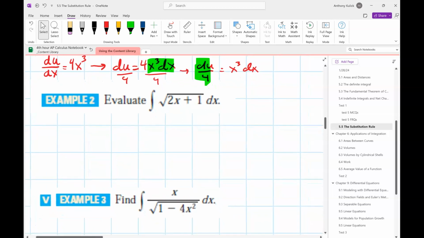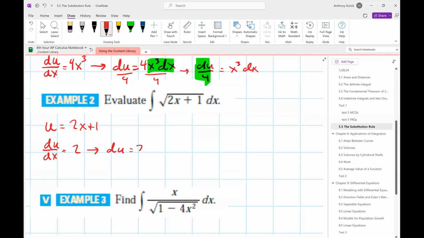Okay. So what if we want to do the integral of the square root of 2x plus 1 dx? What should our u be in this case? 2x plus 1. And the derivative of u is 2. So when I multiply the dx over, du should be 2 dx.